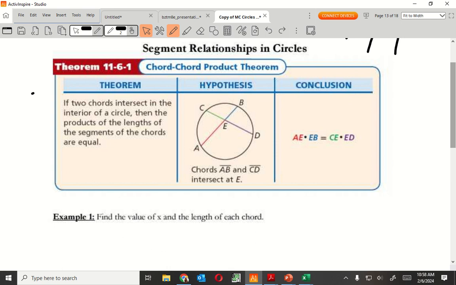So AE times EB, which is on the other side, those two are being multiplied, is equal to the other side, which is CE times ED. So it's going to multiply by the same thing on the same line. That's important. The same line.